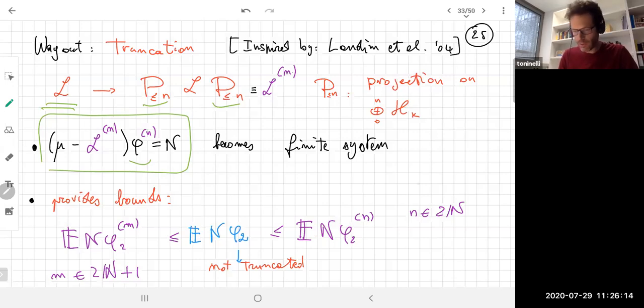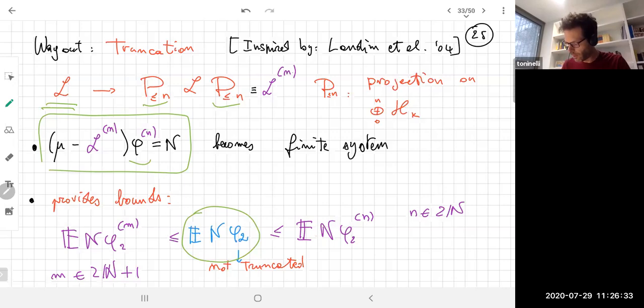Without this second point, this procedure would not be so useful. The important thing is that the true quantity we want, the expectation of n times phi 2, is upper bounded by the analogous truncated quantity if the order of the truncation is an even integer, and is lower bounded by the same thing if n is an odd integer.